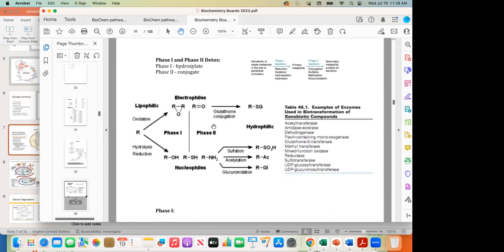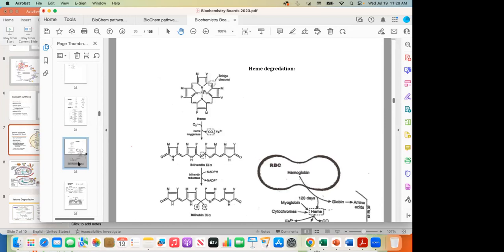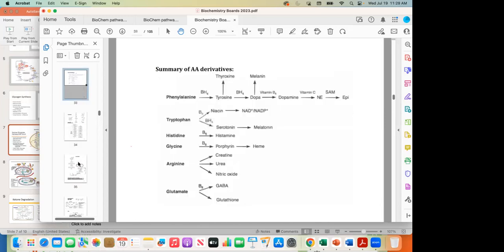Phase one, go ahead. On the phenylalanine, the catecholamine pathway. I always read that it was tyrosine, so is it important to know phenylalanine instead? Phenylalanine is first, and then that goes to tyrosine. You're right, tyrosine is the backbone, but phenylalanine is what actually gets converted into tyrosine.